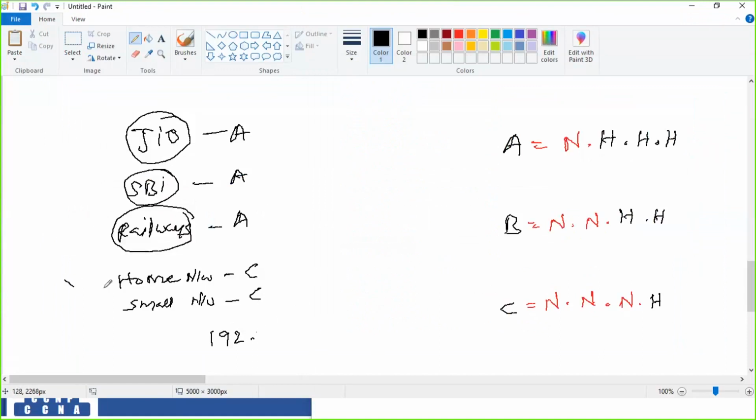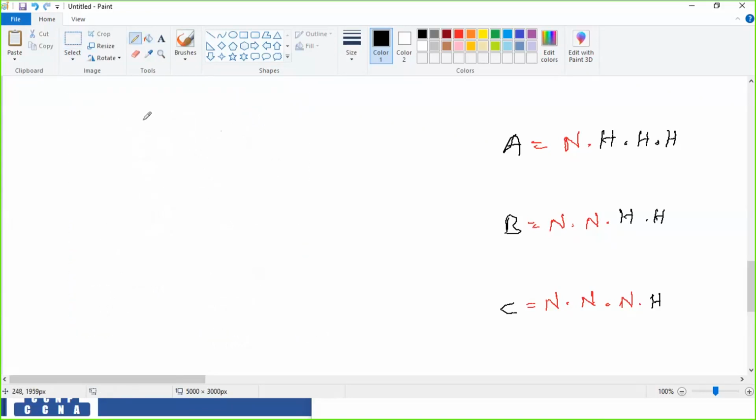We connect to home networks and small networks. Once you get the chance to work with corporate networks, then you can work with class A and B IP addresses also. Got it?